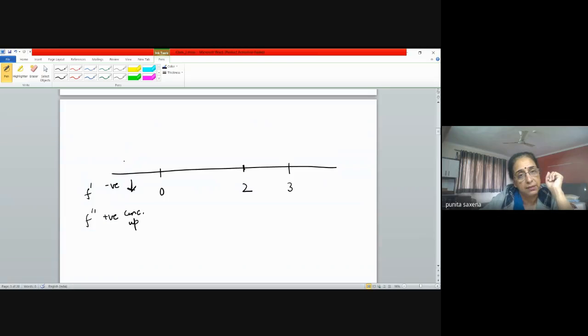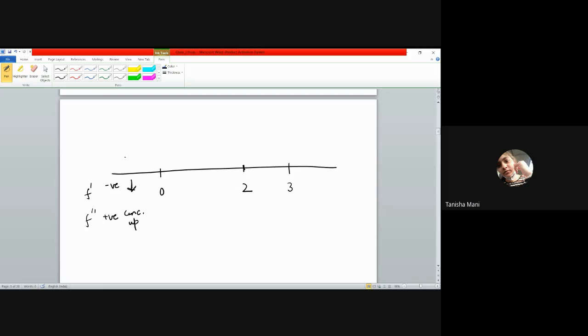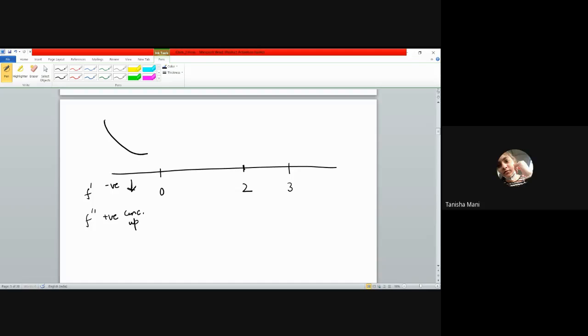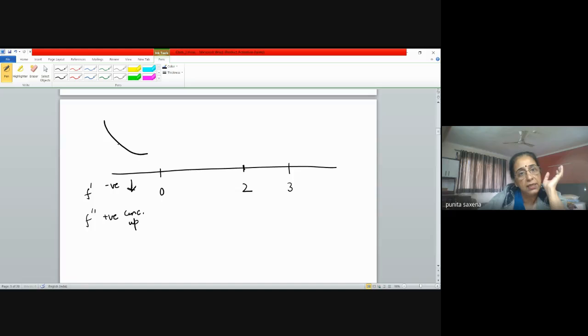Concave up मतलब the cave is going to open upwards, ठीक है? तो इसका मतलब जो शेप होएगा इस हिस्से में, it's going to be something like this. Is that okay? Decreasing and concave up. अभी हम सिर्फ shapes plot कर रहे हैं. We'll join these spaces later on.